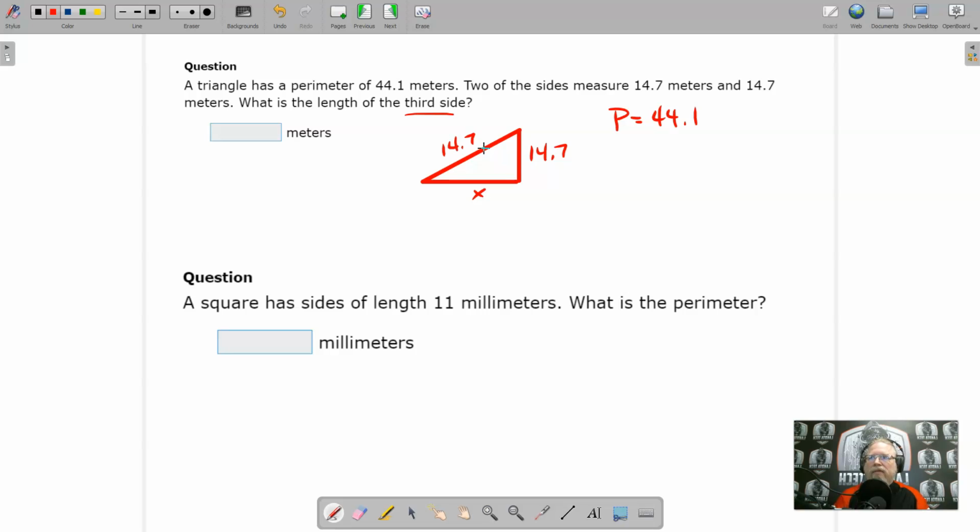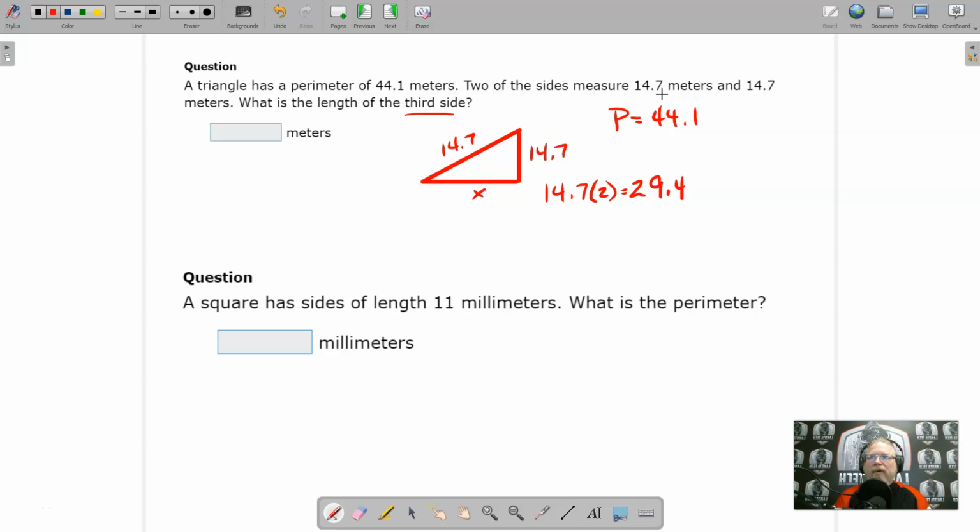Well, chances are someone's going to add those together and just do 14.7 times 2, right? That'd be the same as adding them together. And we would get 29.4. So 14.7 times 2 equals 29.4.